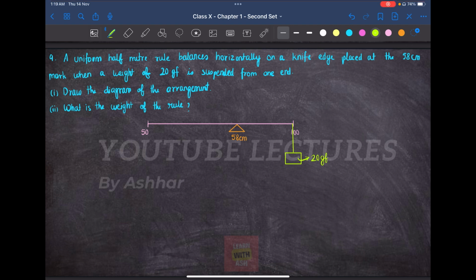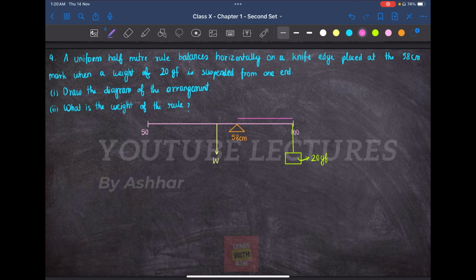Are there any changes to be made? Let us see. What is the weight of the rule? I have to find the weight of this particular rule. Always remember, this is very much important, that the weight of the rule lies at its midpoint. So for that, I will consider that this part is my weight. What was this distance, this particular half?